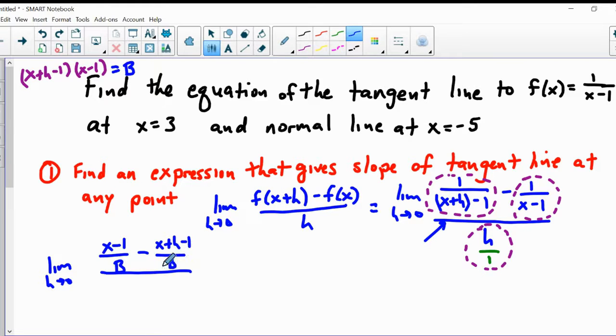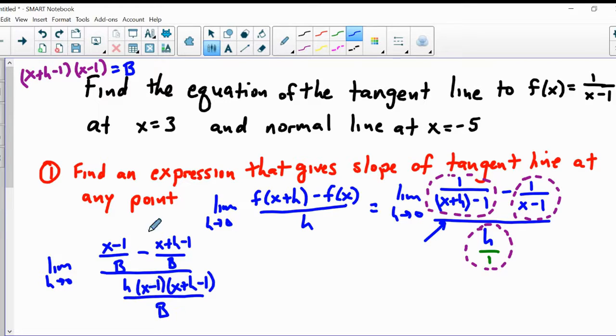Then I have that denominator. And this one is going to be h times everything that's missing, so x plus h minus 1, and then that's all over this b.